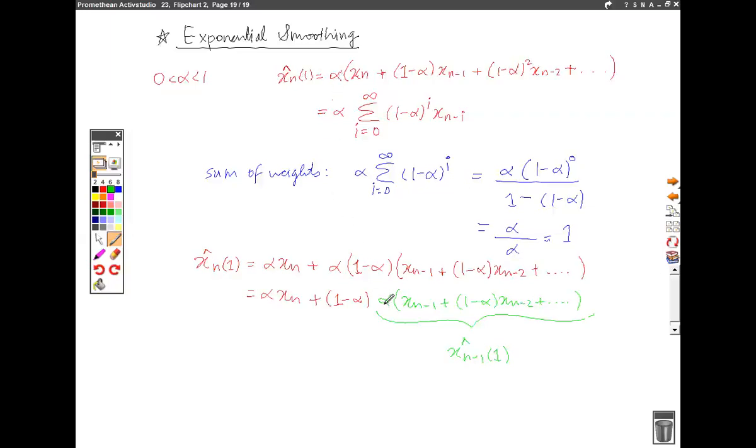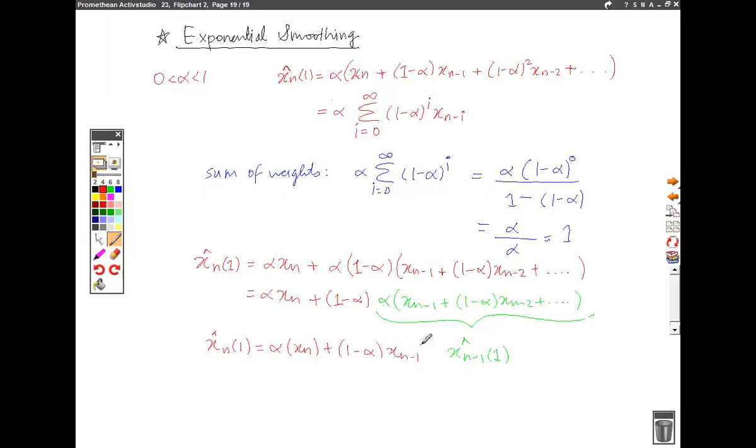Alpha, and here I'll have xn minus 1 again, and I'll have (1 minus alpha) x n minus 1 minus 1, which is (1 minus alpha) xn minus 2, and so on. So I can just write this forecasted value as a weighted average of my actual observed value of xn and the value that I predicted of xn to be.